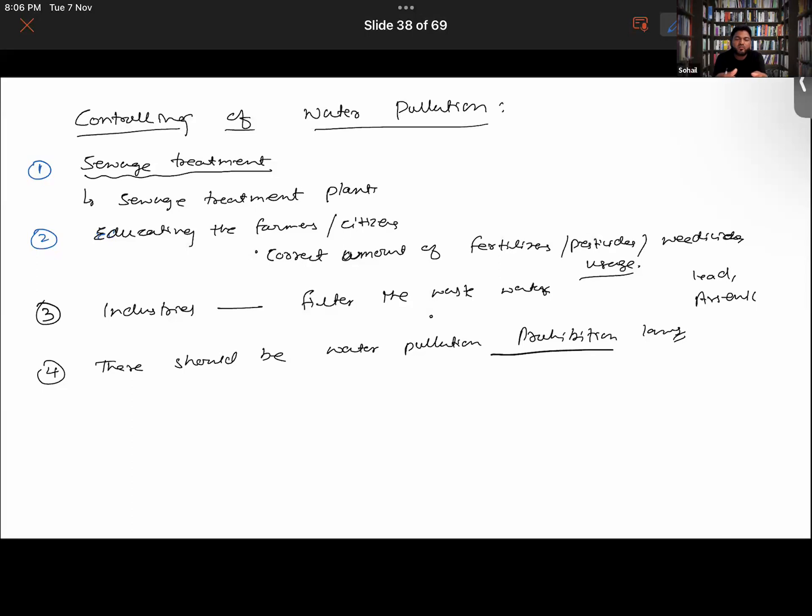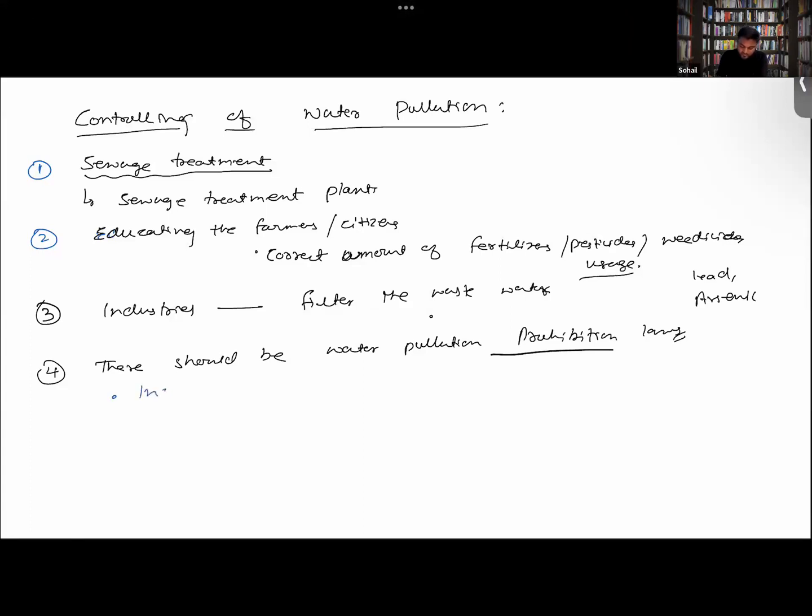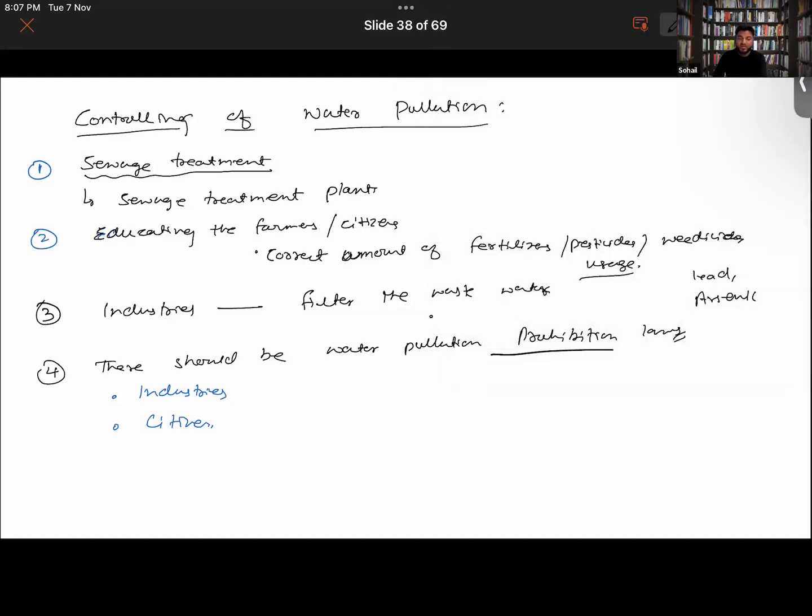Only a few people might listen. But if a law is made that anyone found dumping harmful waste into the water will be fined, right? Law actually impacts people on a larger scale. So pollution prohibition laws should exist not just for normal citizens, but also for industries, so they will limit the amount of pollutants they are dumping.